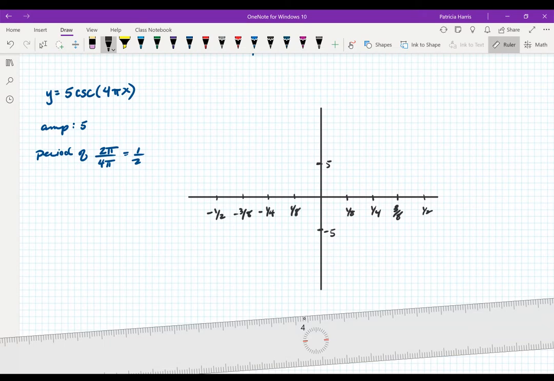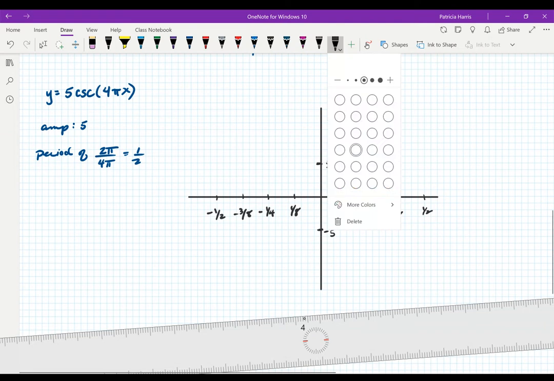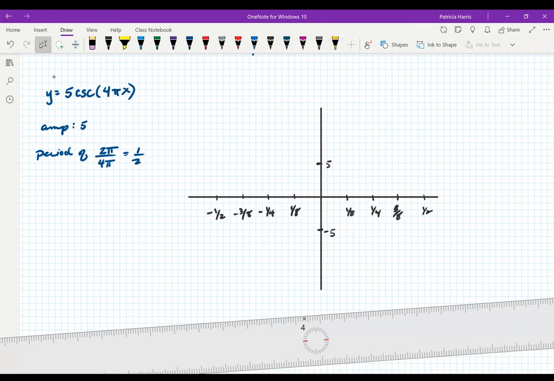Now, since this is cosecant, we're going to start by graphing sine. I'm just going to use my yellow color to get that dashed graph to help me out.